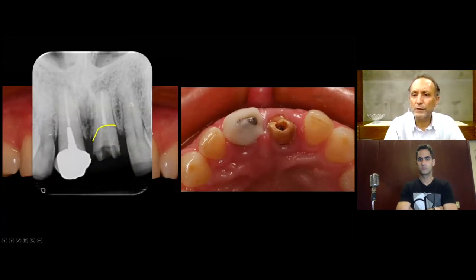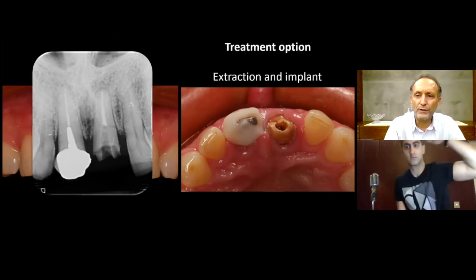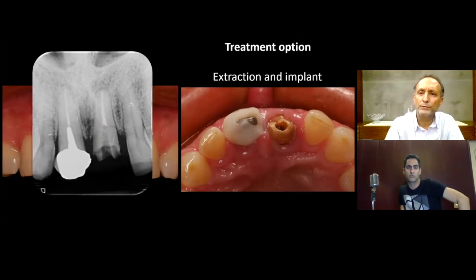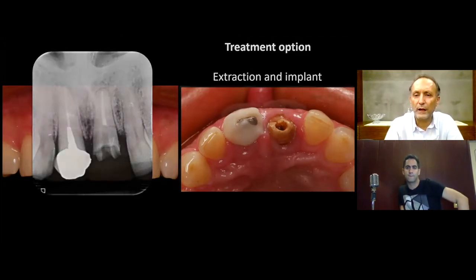If I remove this part that goes way beyond the gingival margin, and then extract the tooth, we are going to lose the buccal bone as usual. So we will end up with a vertical defect, and the patient was refusing to do so. What we proposed to her was, instead of doing an extraction and implant dentistry, why don't we bring the tooth down?